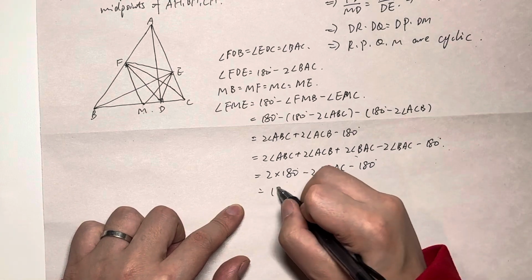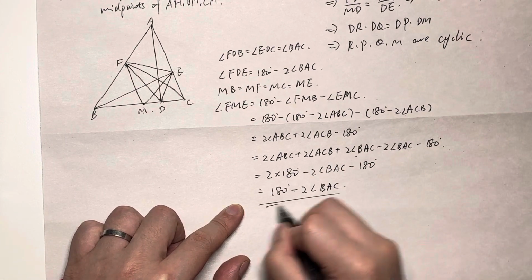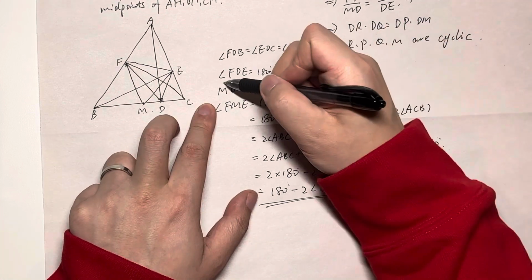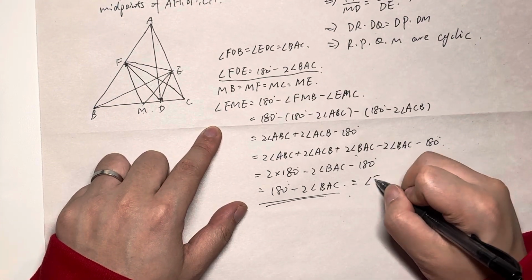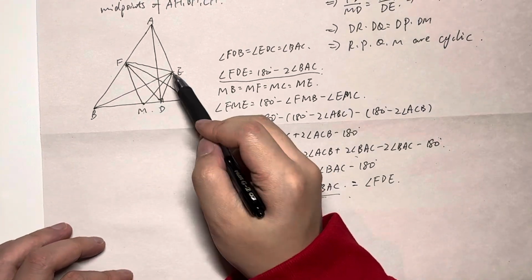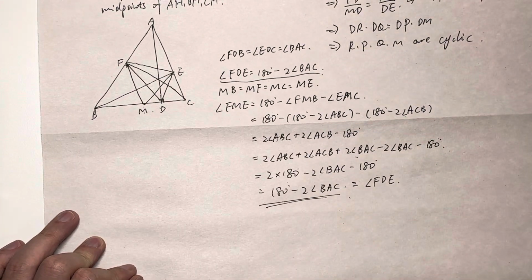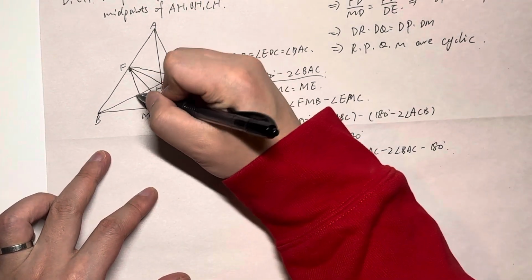So it equals to 180 degrees minus twice of angle BAC, right? So it equals to angle FDE, which means FMDE are cyclic.